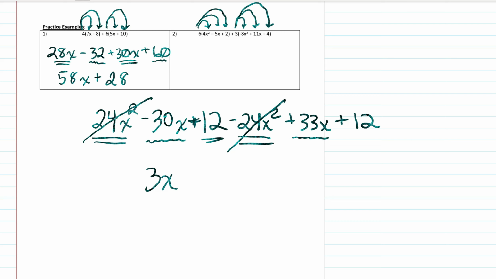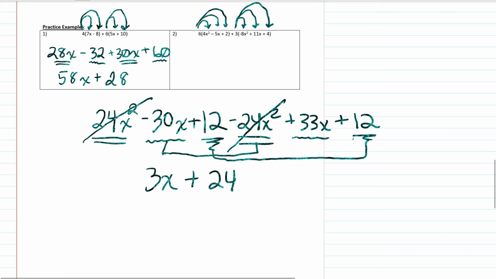Because they're like terms as well. One's a positive 12 and the other is also a positive 12. So we go ahead and combine those two, positive 12 and positive 12, give us a positive 24. And that gives us our final simplified expression of 3x plus 24.